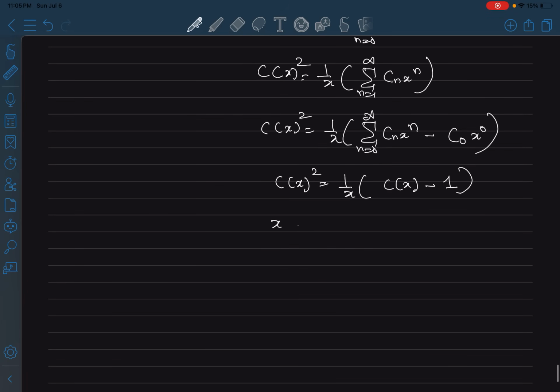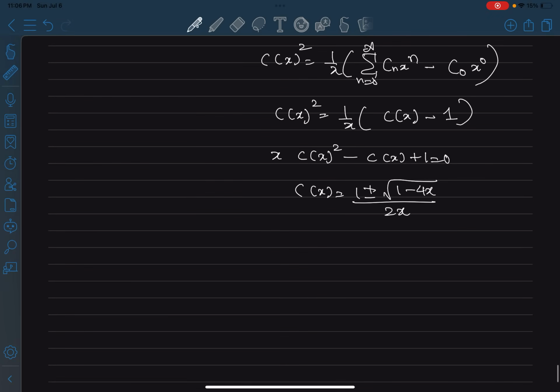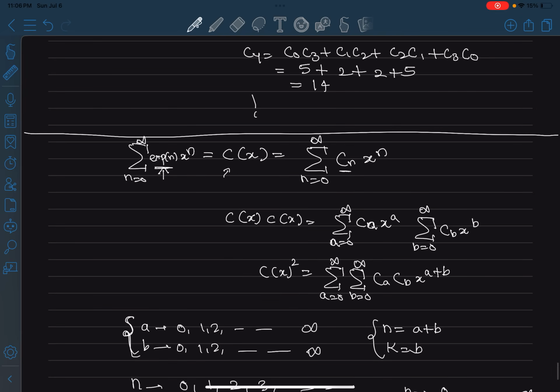So x c of x squared minus c of x plus 1 equals 0, and now c of x becomes minus b plus or minus the square root of b squared minus 4ac, over 2a. Right, now there are these two expressions, but since our c of 0, if we try to find c of 0, notice that all the terms will vanish except the first term where we have 0 to the power 0, that's 1, right?